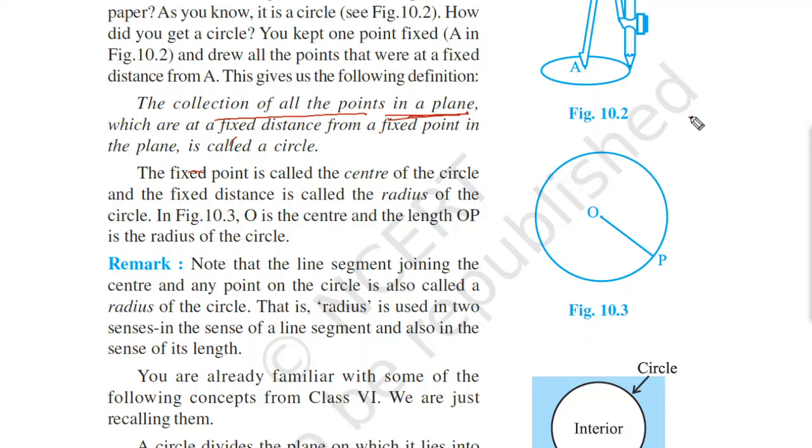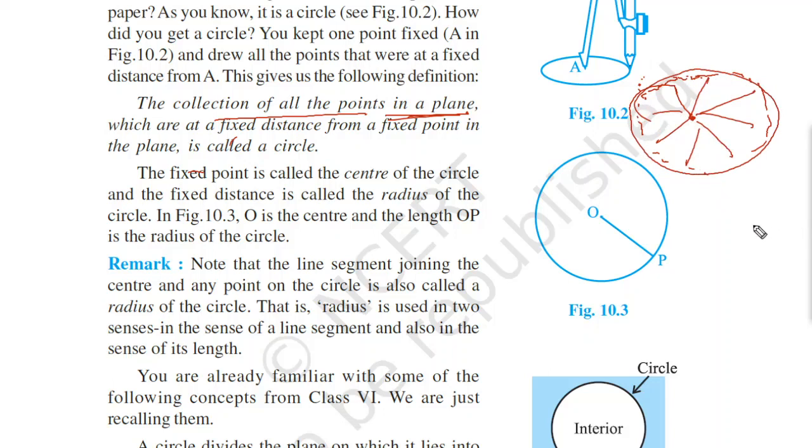So you can take a point here and you can have a collection of all the points like this, all the points which are at a fixed distance from the certain point. That means all the distances are the same here. So it will be a circle, and this fixed distance is the radius.